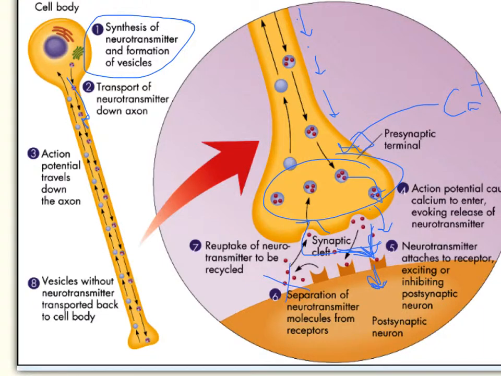We'll either recycle or break it down so that we don't continually have this particular neuron stimulated. Right, so when we talk about these neurotransmitters, again, they are what is kind of like relaying that message from one nerve to the next.